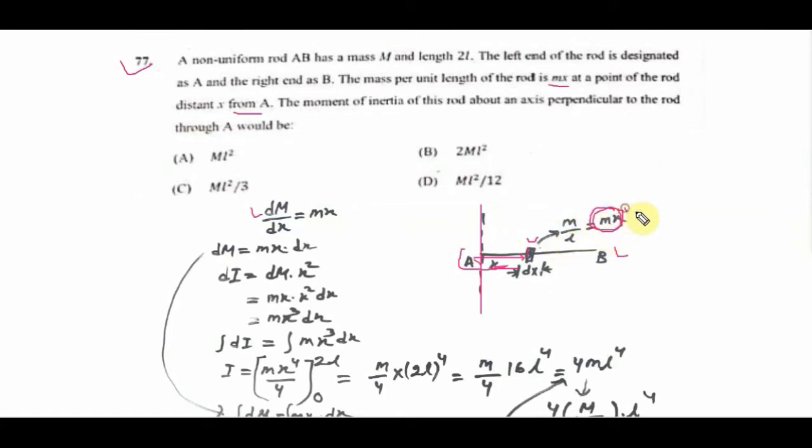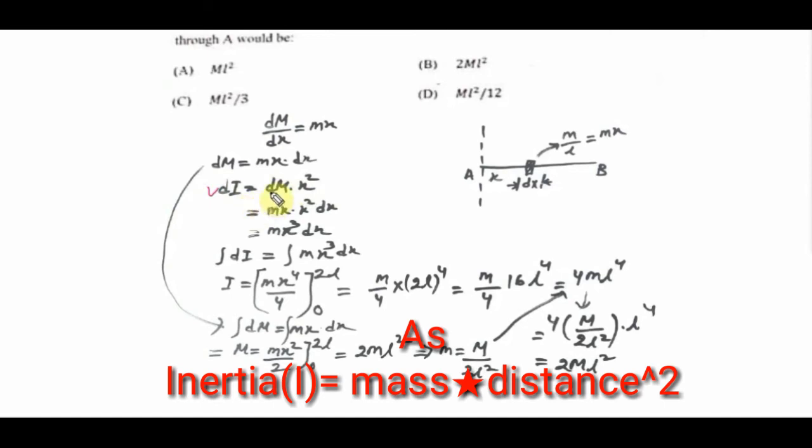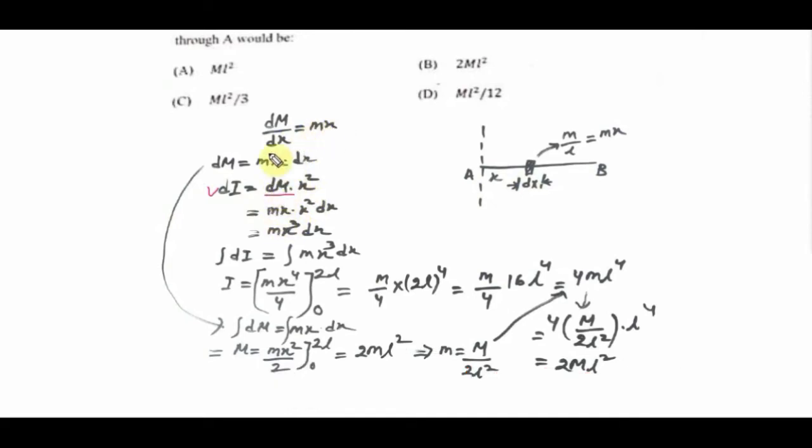It is given, mx. So dm by dx equal to mx, so dm equal to mx into dx. Now the inertia dI equal to dm into x square. This is the distance x, so it is x square. That equal to mx into dx into x square, that equal to m into x cube dx.